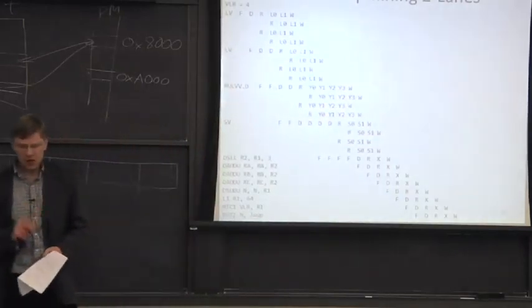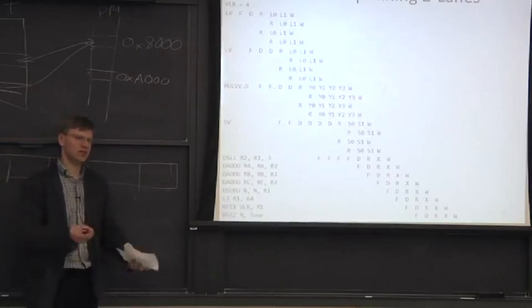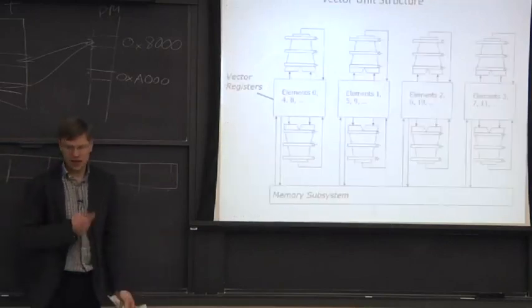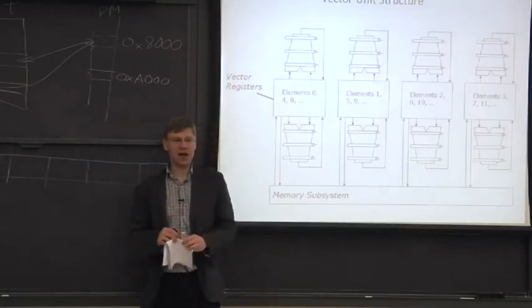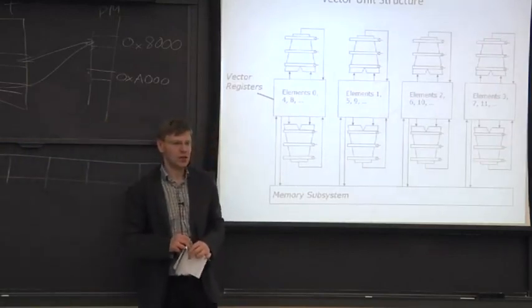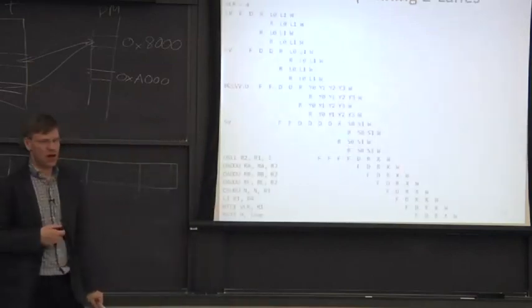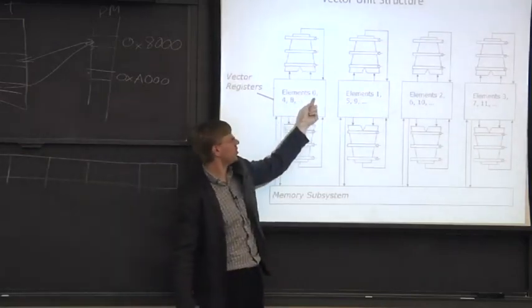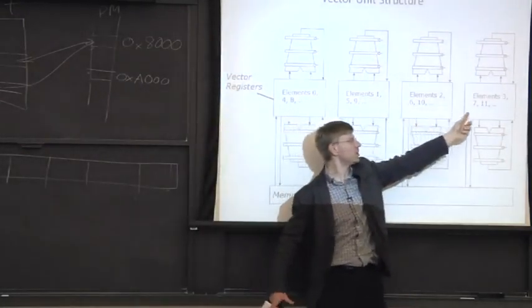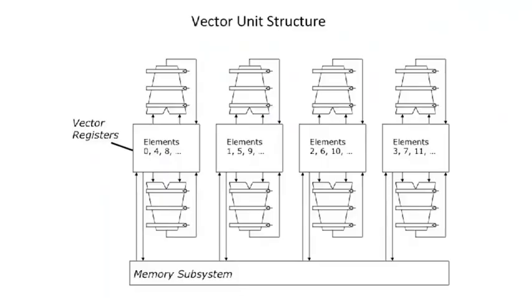But I will say that typically you'll try to interleave your lanes in a low order interleaved manner. So what that would mean is not this picture. This is a sort of higher order interleaved manner. But a low order interleaved manner would be elements 0, 1, 2, 3, and then you wrap around.